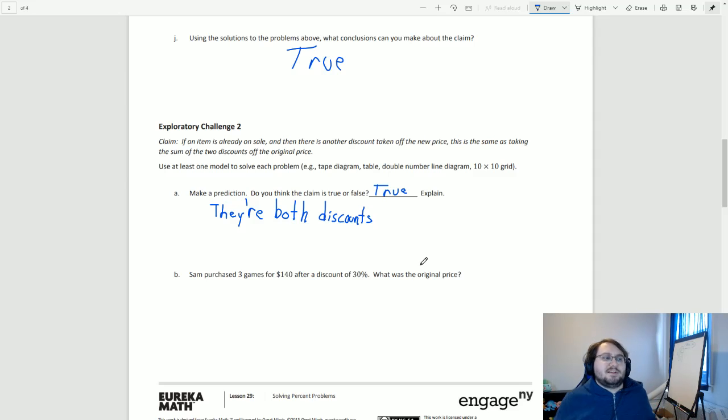Since they're both discounts, why wouldn't I just be able to put them together and take it off the original? Well, I think it's true. But just because I think it's true doesn't mean it is going to be true. We have to prove that it's going to be true. So let's go about proving it.